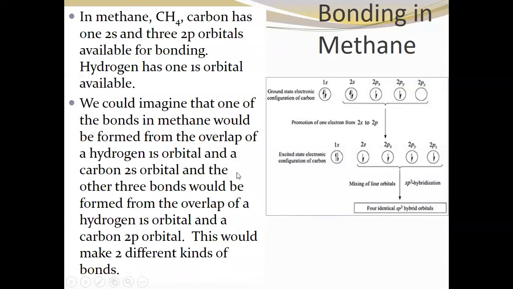So we're going to use methane for an example. Methane is CH4. Carbon has one 2s and then two p orbitals available for bonding. And so hydrogen has one 1s orbital that is available.